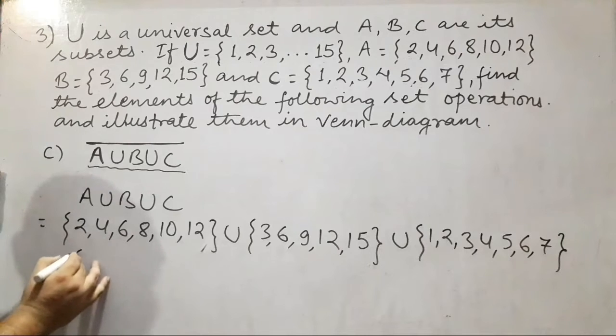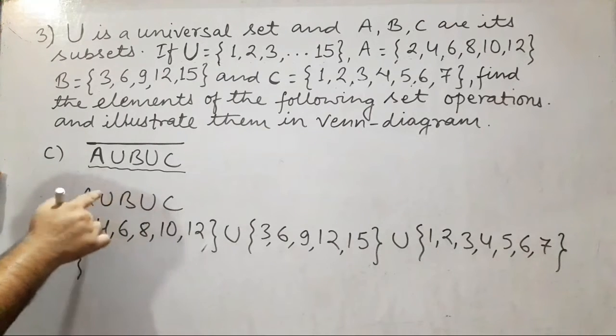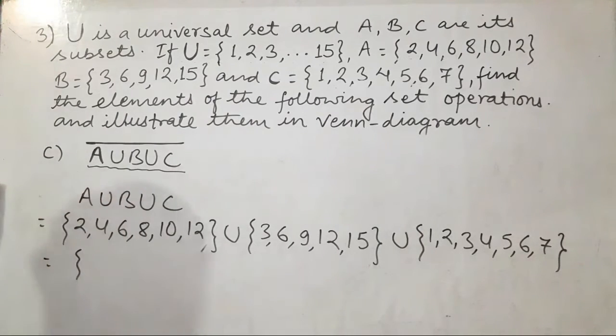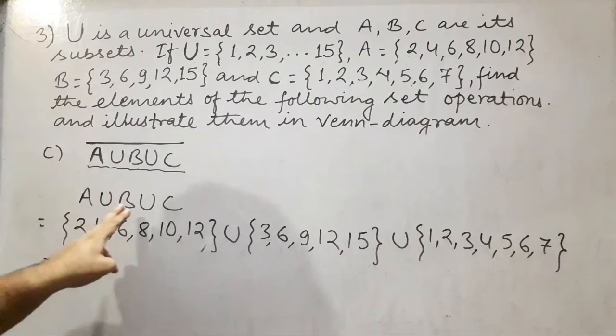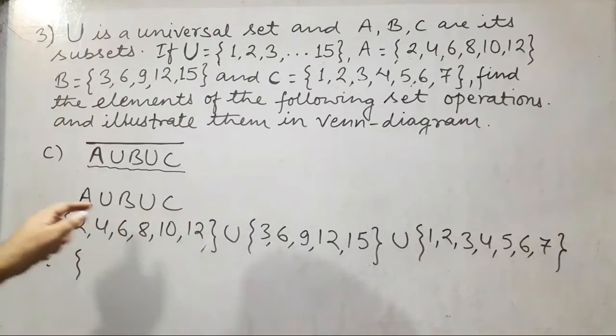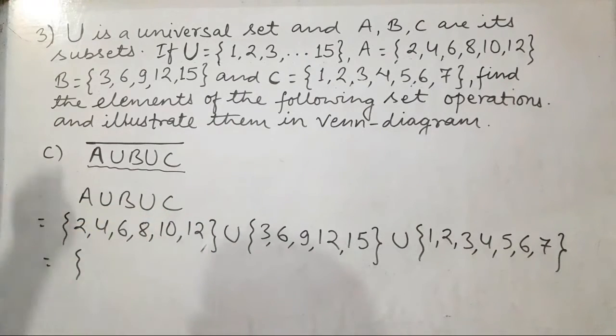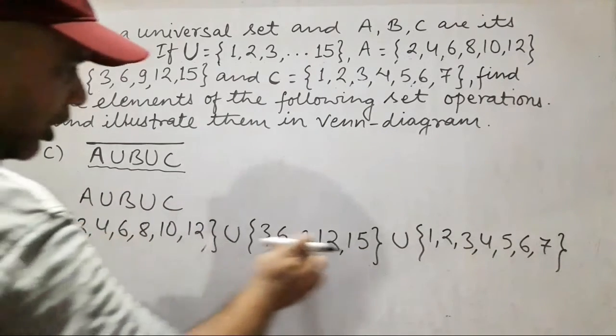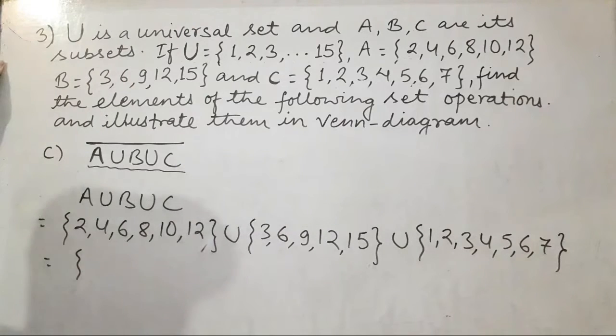Since the three sets are unified, that means the union of sets A, B and C includes all the elements of sets A, B and C. So we'll write down all these elements without repeating.